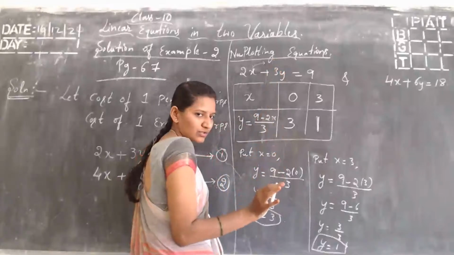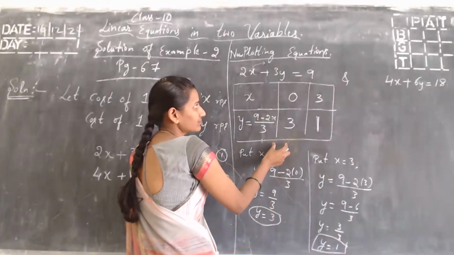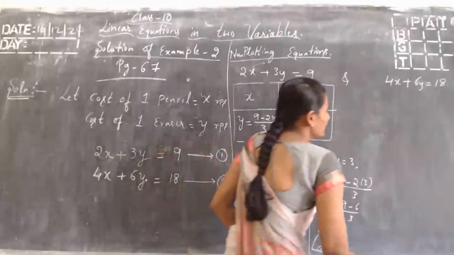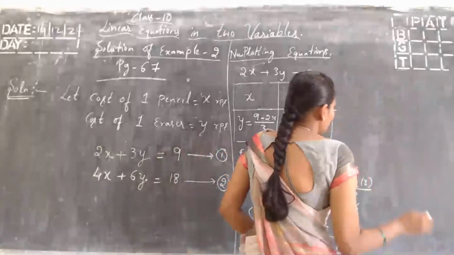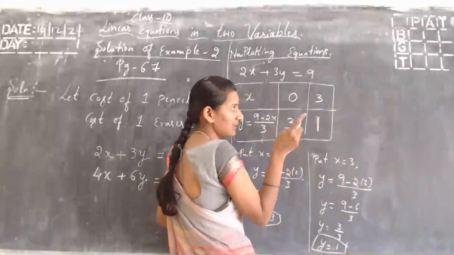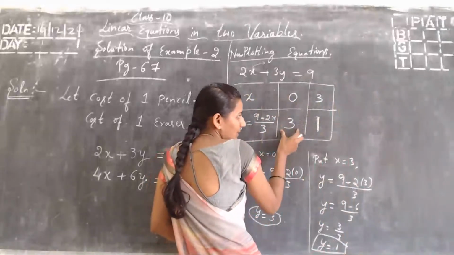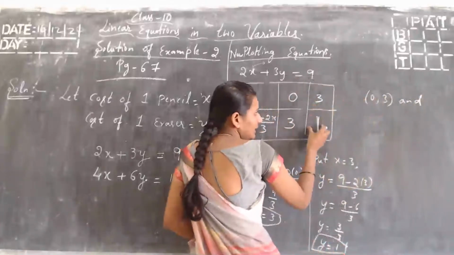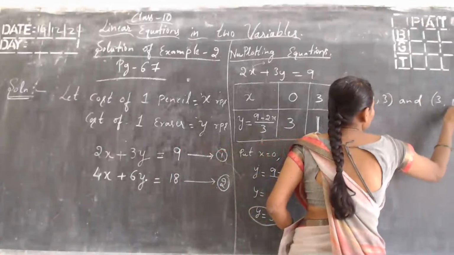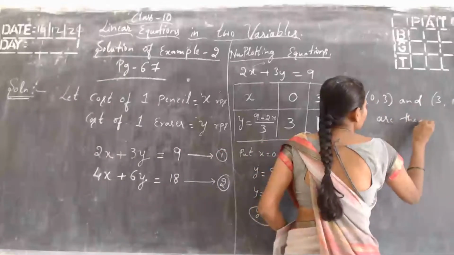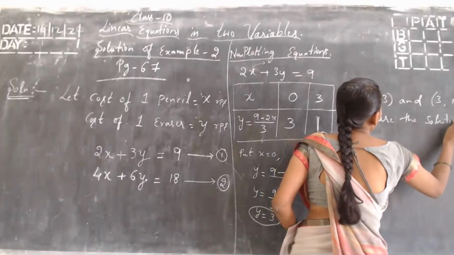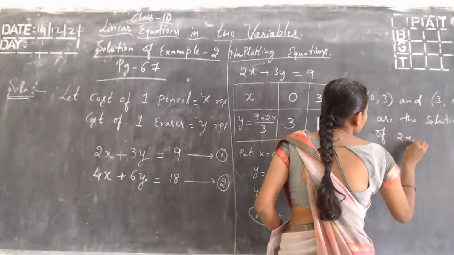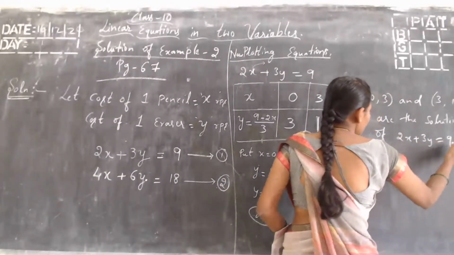So, one equation we have solved. What are the solutions of this equation, 2x plus 3y is equal to 9? See here, I have already said, always you have to write x comma y: 0 comma 3 and 3 comma 1 are the solutions of which equation? 2x plus 3y is equal to 9.